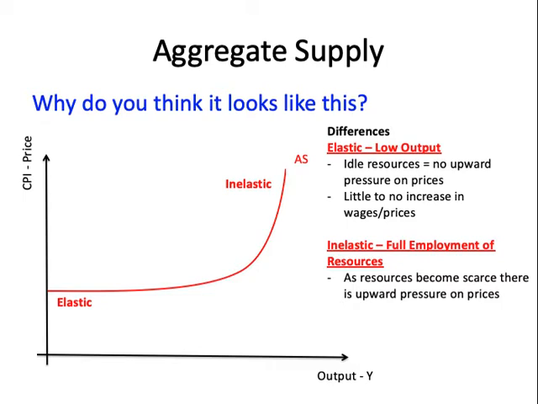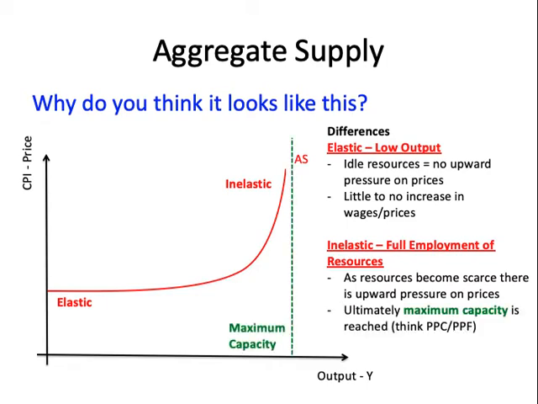right? If I want to poach an employee from a different company, I might have to pay them more money to come to my company to work. If I want to get that oil reserve or that amount of stuff, I need to pay more for that. Ultimately, as employment increases and as resources get used, scarcity starts to rear its ugly head again, right?